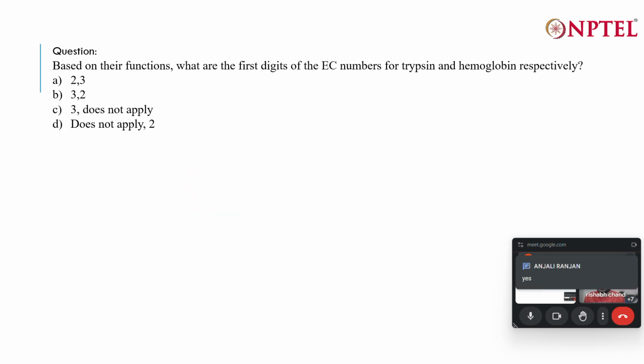Okay. Based on their functions, what are the first digits of the EC numbers of trypsin and hemoglobin, respectively?